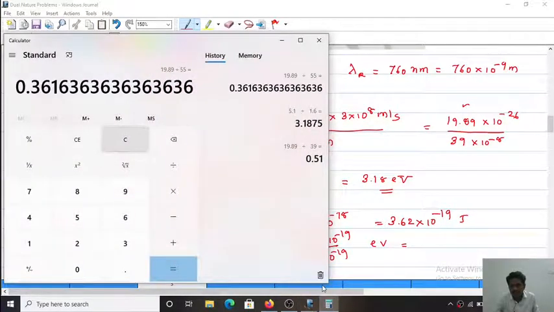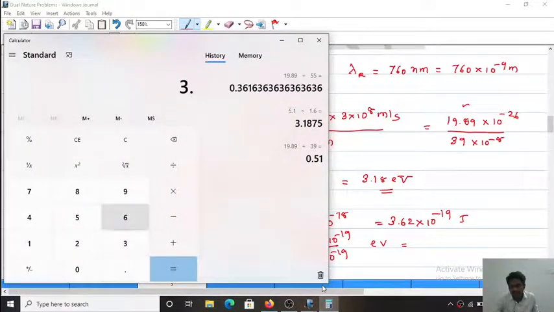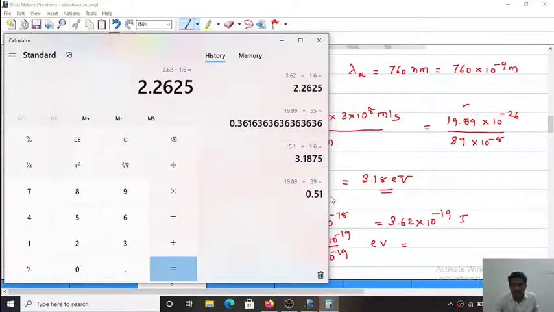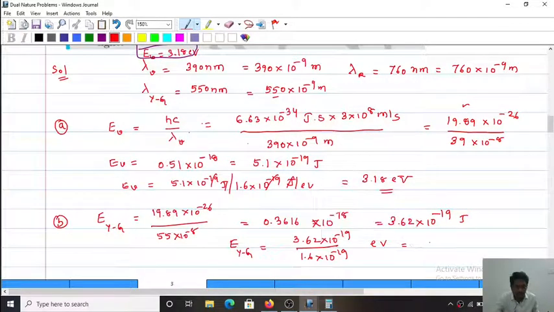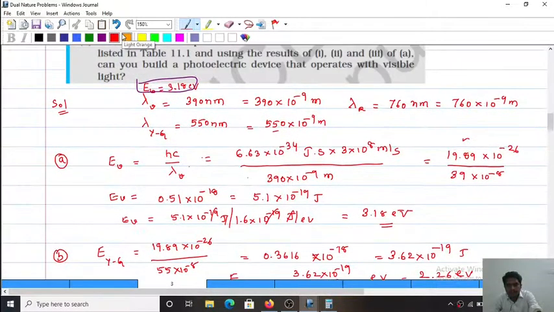What is the value of 3.62 divided by 1.6? It is 2.26. This is 2.26 in electron volts, simply 2.26 electron volts. This is the energy of what we have.